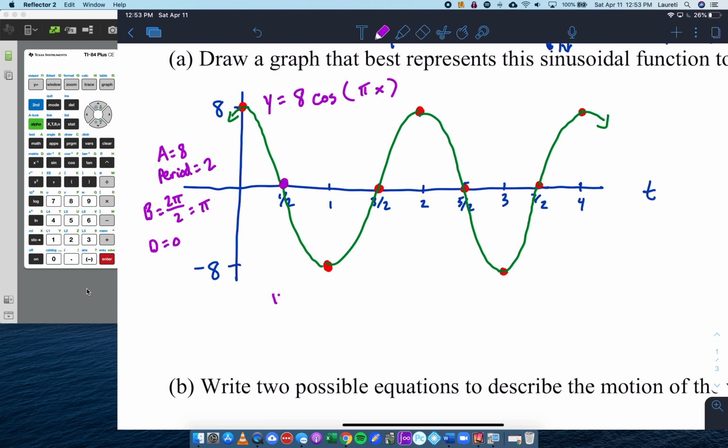So that's going to be y equals -8 sine of pi times (x minus 1/2), because of the shift. If we needed to answer other questions based off of this graph, we could use either one and we would get the answers.